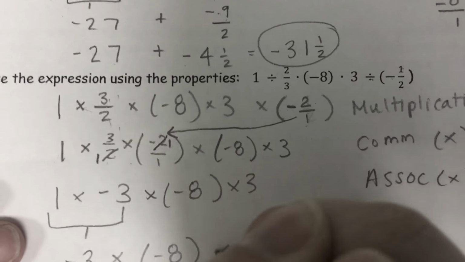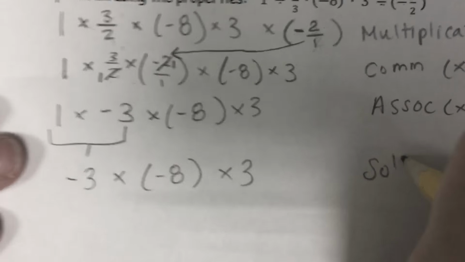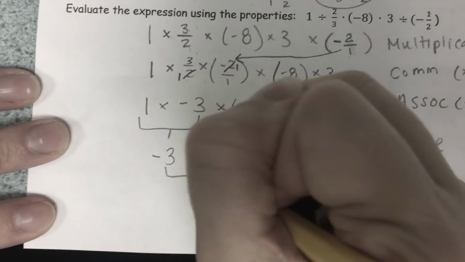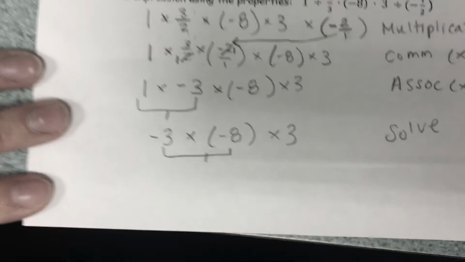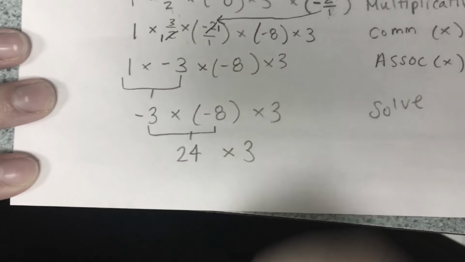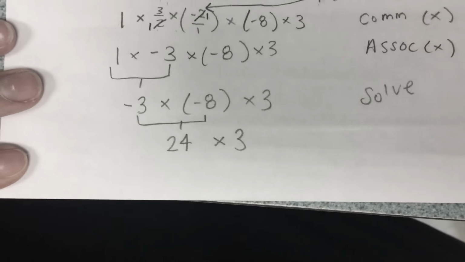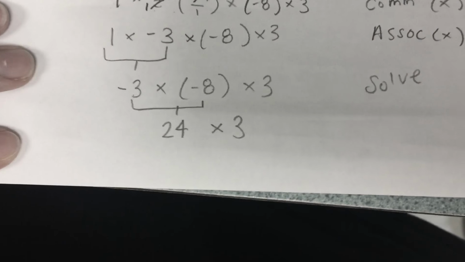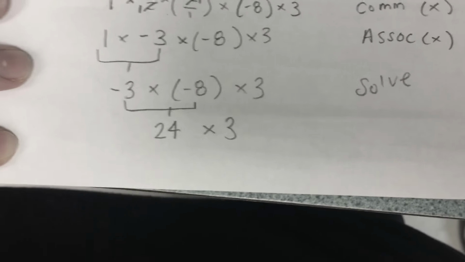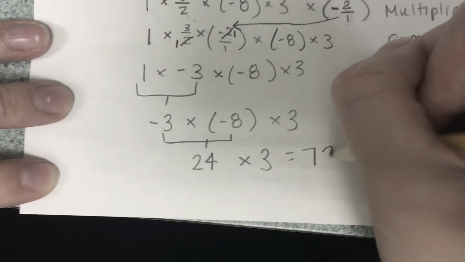Since I'm moving from left to right, that's just solving. -3 times -8 is a positive 24 times 3. And I end up with my final answer as 72.